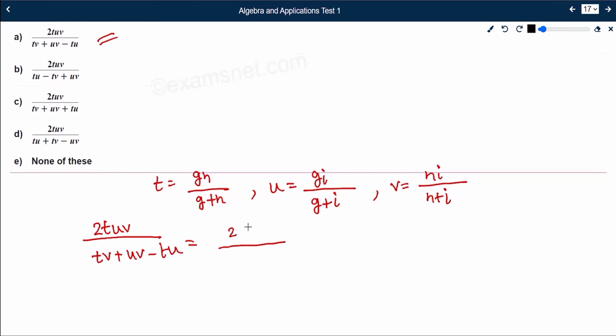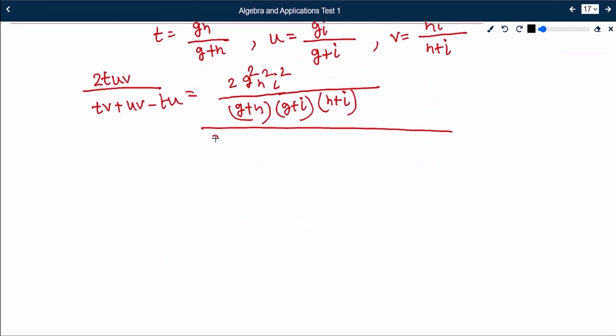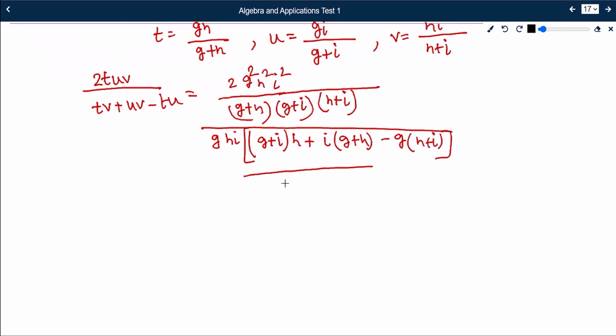So it becomes 2 g square h square i square by (g plus h)(g plus i)(h plus i), and the whole is divided by ghi times (g plus i) multiplied by (h plus i) plus (g plus h) minus gh plus i. The denominator is (g plus h)(g plus i)(h plus i). Okay, let's check it once more.